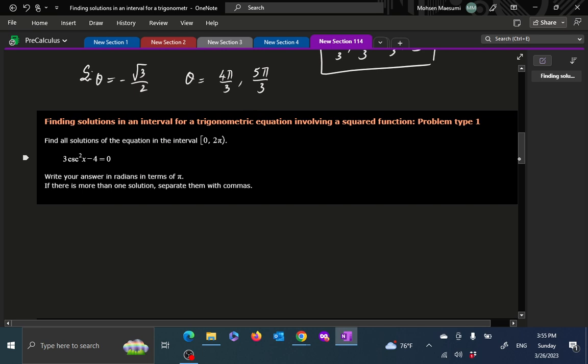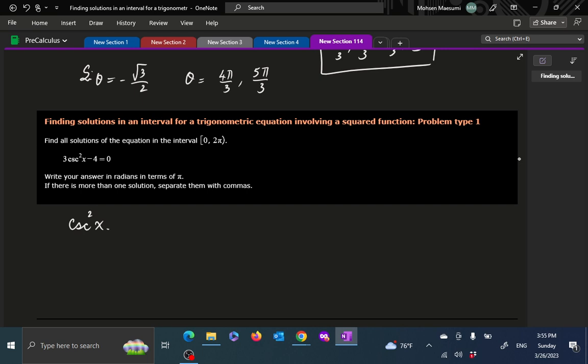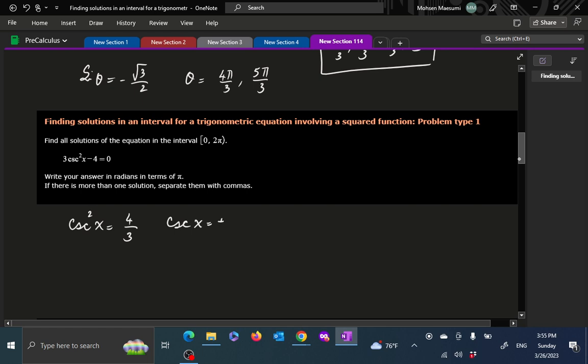So this one says 3 cosecant square of x minus 4 is equal to 0. So that means cosecant square of x is equal to 4 over 3. So cosecant of x is plus or minus 2 over radical 3. Cosecant is the same as 1 over sine. So 1 over sine is plus or minus 2 over radical 3.